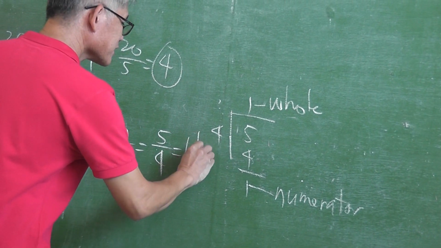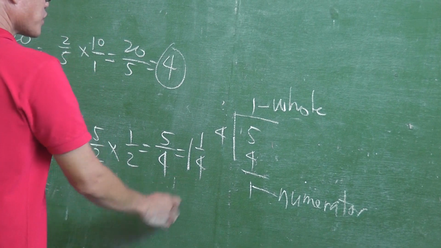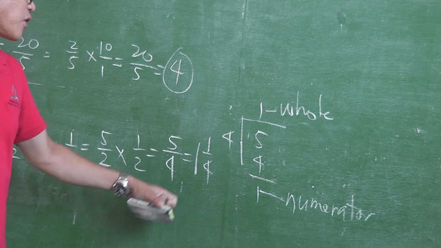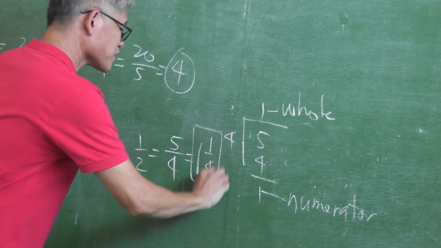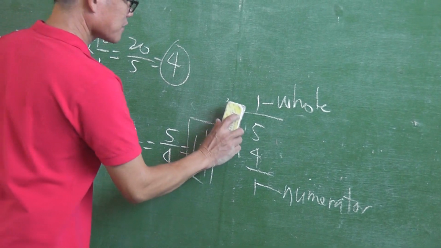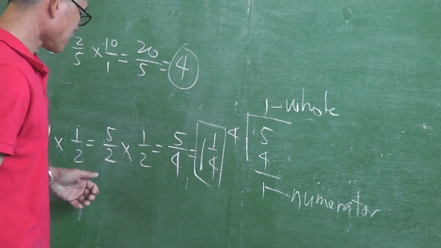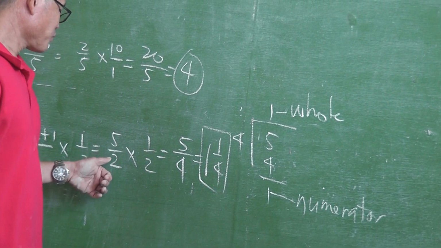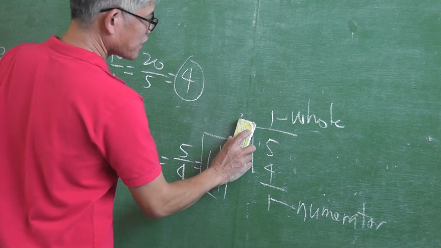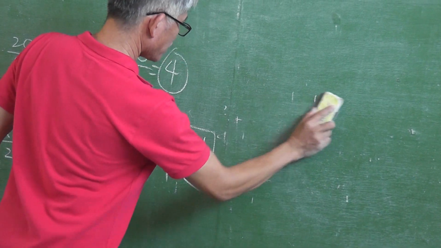So 1 and 1/4. So this is now our final answer, the simplest form of this fraction. 5 over 2 times 1/2 gives 1 and 1/4. So this is our final answer, 1 and 1/4.